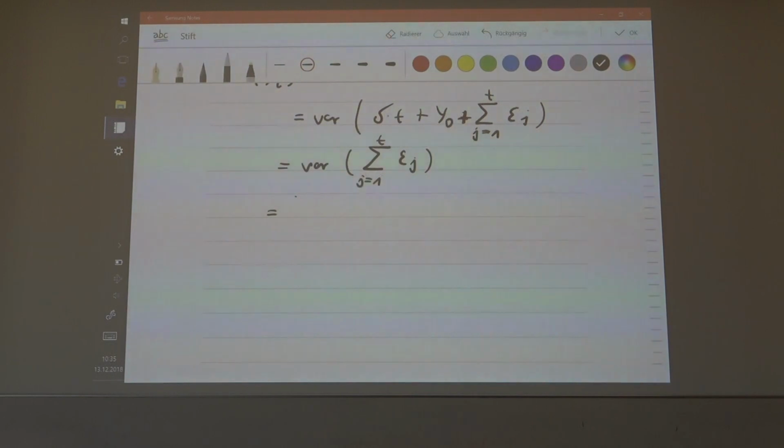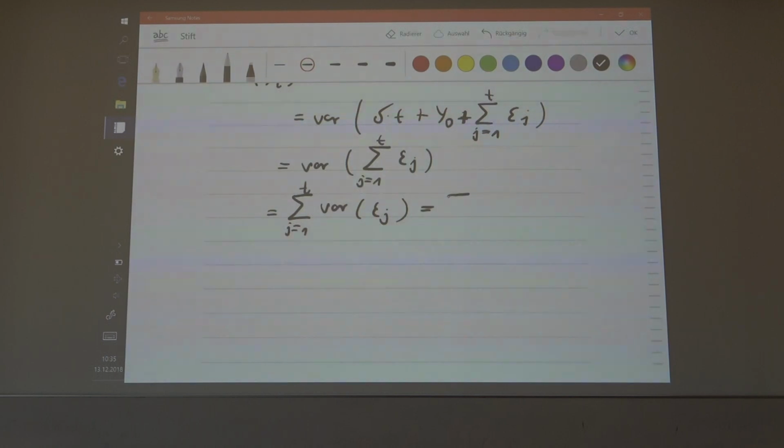Now here you have the variance of the sum, and then of course the sum of the variances, because the variance of the sum is equal to the sum of the variances if the noises are independent, and by assumption they are.